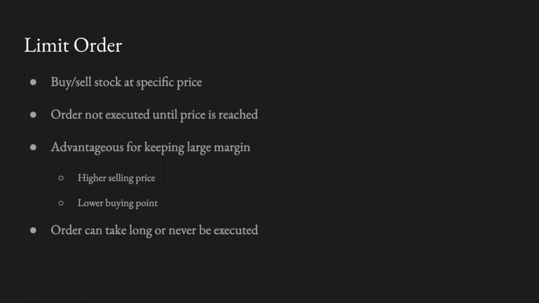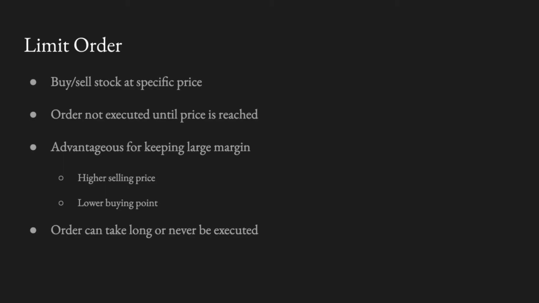And what that is saying is that if Apple stock trades at or below 278, then execute my order. So if Apple stock suddenly jumps to 277.94, then that limit order ends up meeting the criteria of being less than 278 and then it's executed.